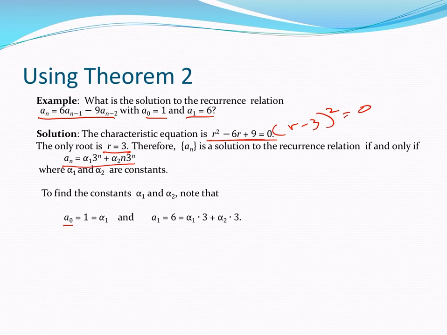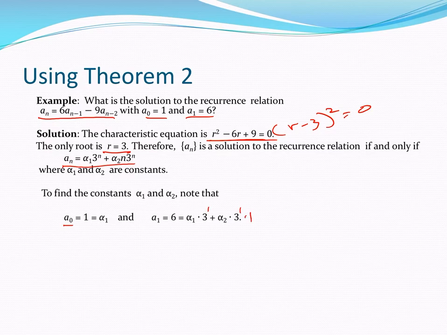At A0, that second term goes to 0, so I just have the first term. 3 to the 0 is 1, so 1 equals alpha 1. Then A1 is 6, and my exponents are 3 to the 1, 3 to the 1, and this also has times 1.